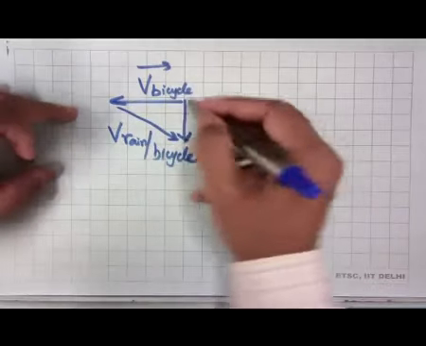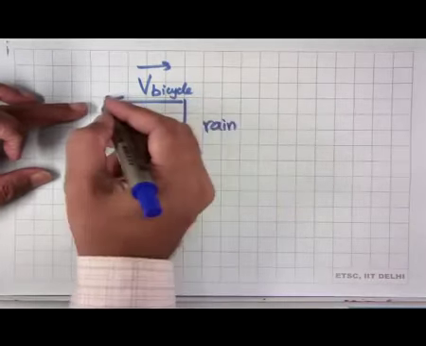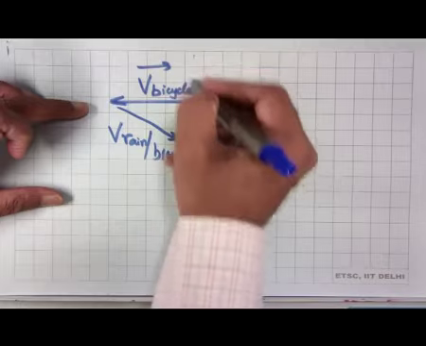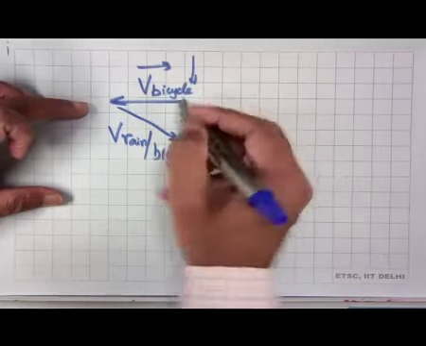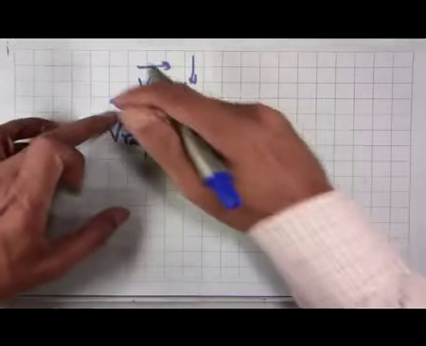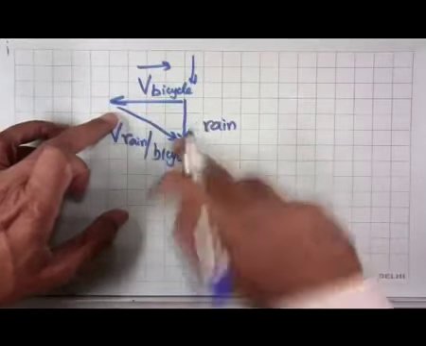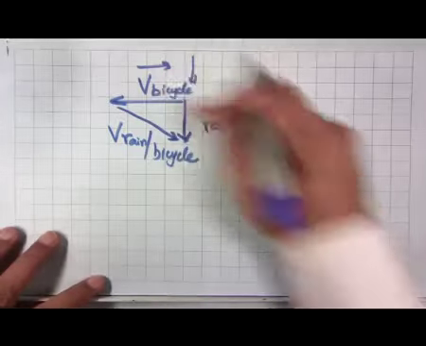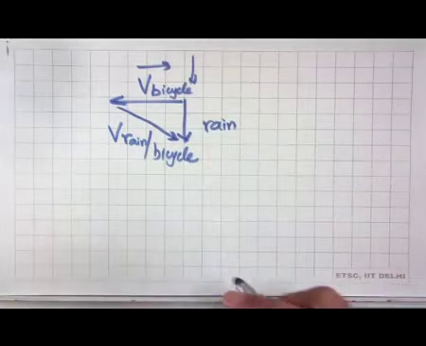So, therefore, if a person is moving on a bicycle in this direction and the rain is moving vertically down on him, the person will feel the raindrops to be coming in at an angle given by the vector which is given by the subtraction of these two vectors.